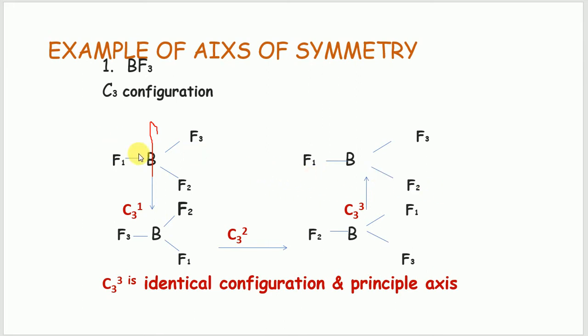In a similar way, in water also, you can see that there is a C2 axis. As you know, water is a V-shaped molecule, and at the top, oxygen is present, and at the corners of the V, two hydrogens are present.